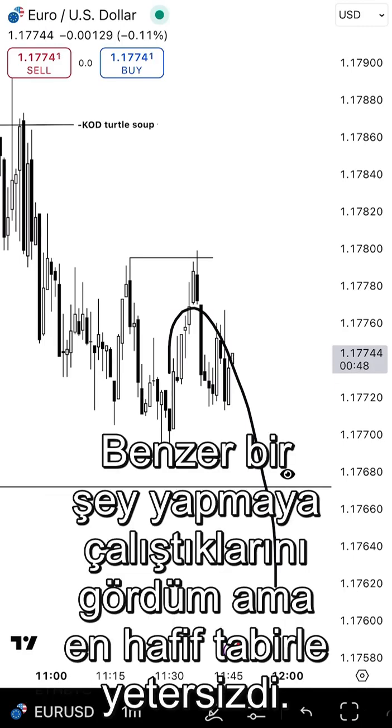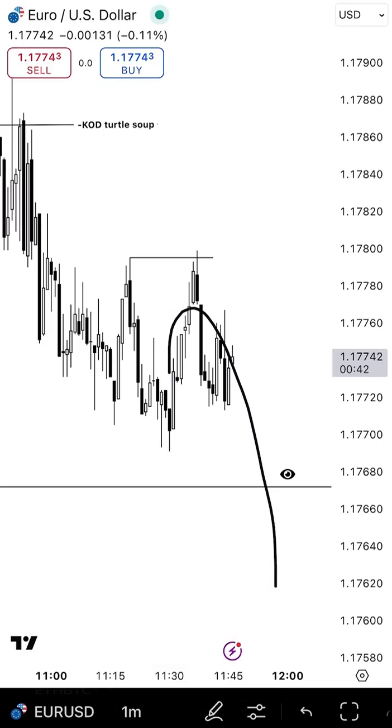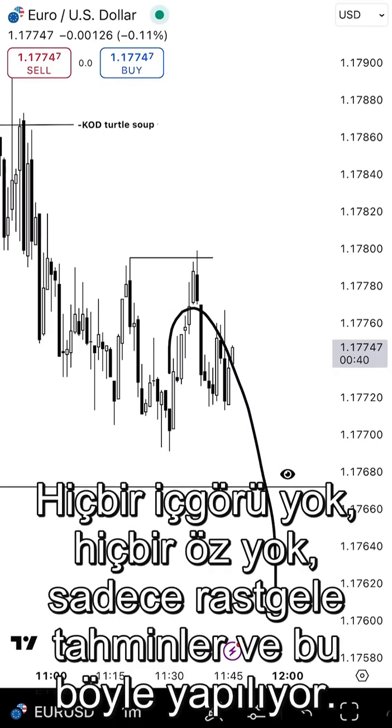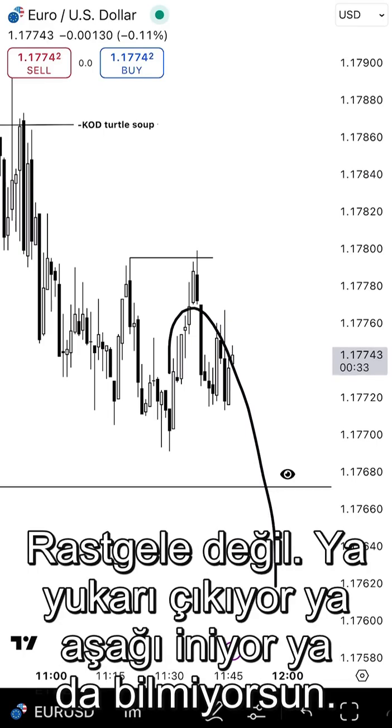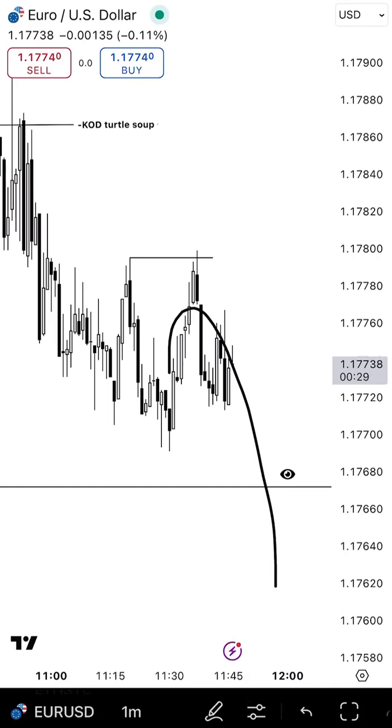I've seen them try and do something similar, but it's lackluster, to say the least. No insight, no substance, just randomly guessing up and down, and that's not how it's done. It's not random. It's either up or it's down, or you don't know.